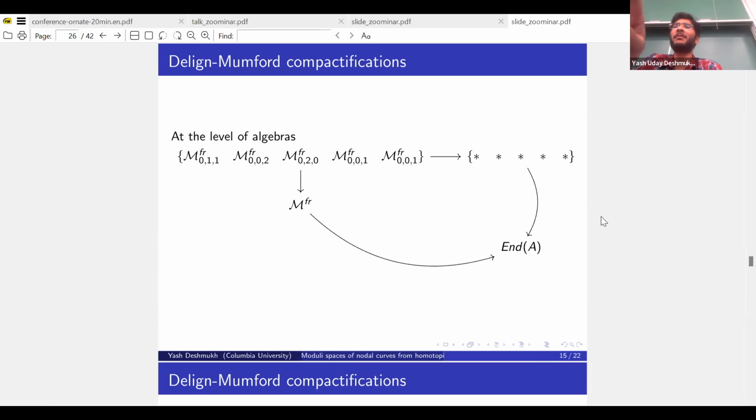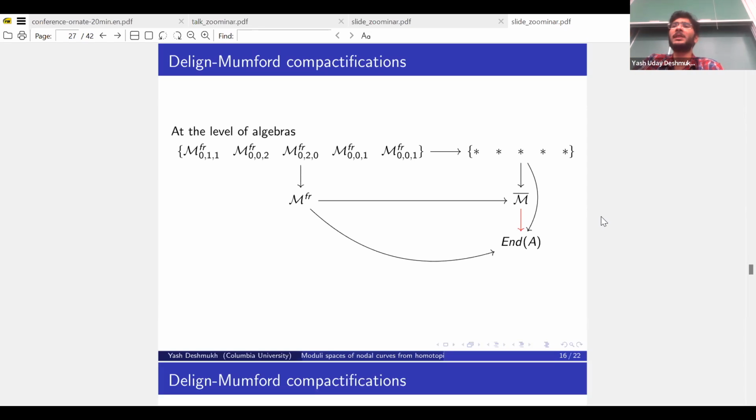And the fact that this map factors through the trivial properad is saying that the actions of these S1 families on your algebra are trivial. And so by the universal property of pushout, what this is going to say is that if you have such an algebra with actions of these S1 families trivial, it actually gives you a map from M bar to End A. In other words, it gives an action of the Deligne-Mumford properad on the algebra.